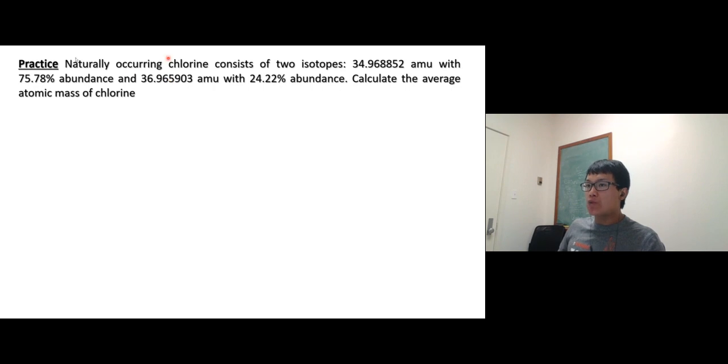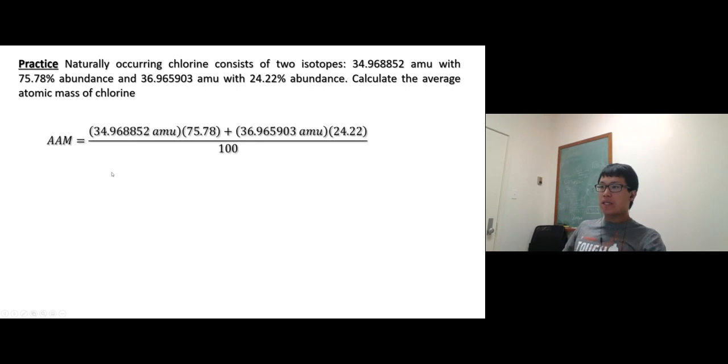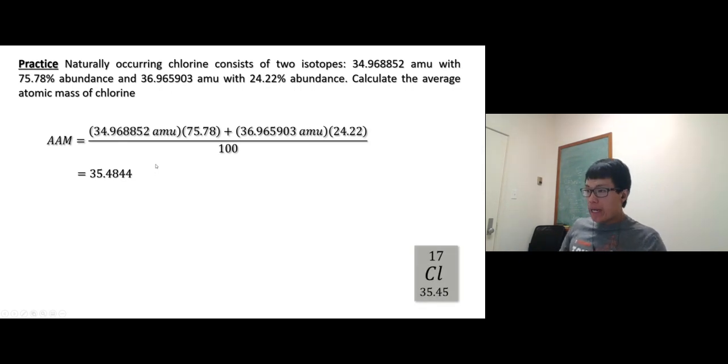The first one has 75%, the second one has 24.22%. Do it on your own and then check this with me. Super simple: you take one AMU times its percent, plus the other atomic mass times its percent, divided by 100, and there you get that. If you check the mass of chlorine on the periodic table, it's 35.45. Pretty close.